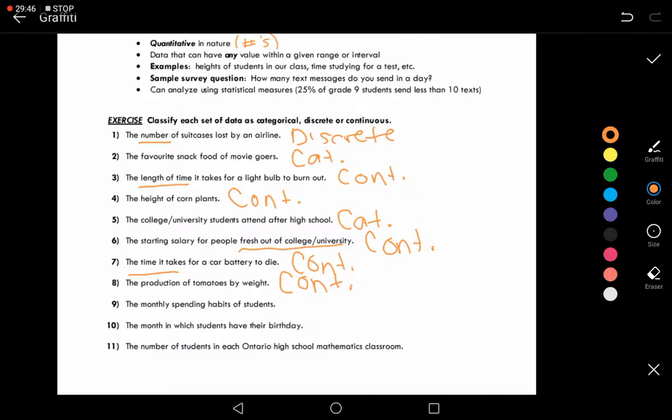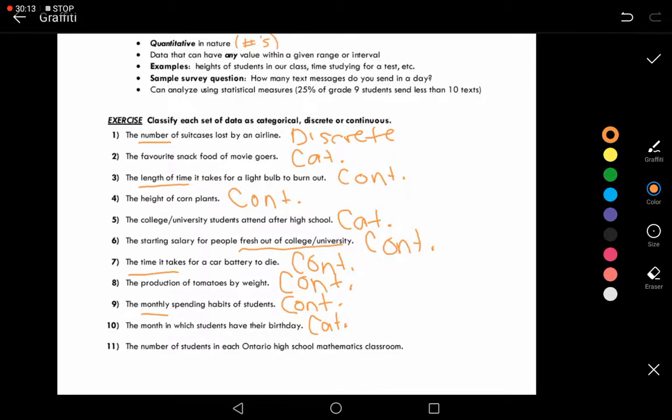The monthly spending habits of students: again, those are going to change over time, and it's given you that monthly timeline, so that's continuous. The month in which students have their birthday, so that one could be categorical. It's telling you a month. And lastly, the number of students in each Ontario high school mathematics classroom.